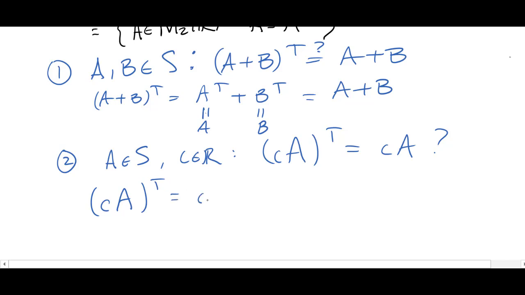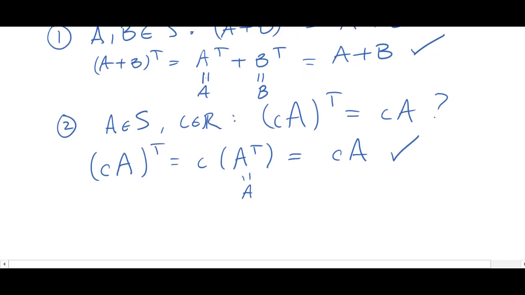And A transpose is A, so this is CA. So it's closed under addition and scalar multiplication. So the set of 2x2 symmetric matrices is a subspace of the set of 2x2 matrices. So S is a subspace.